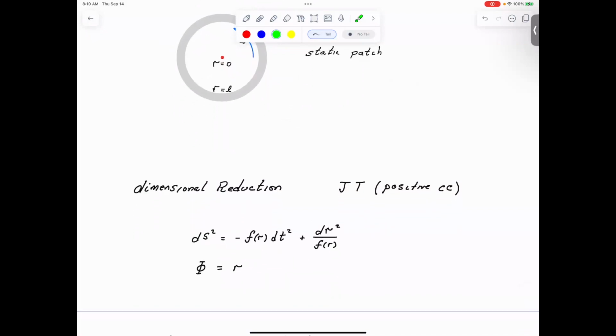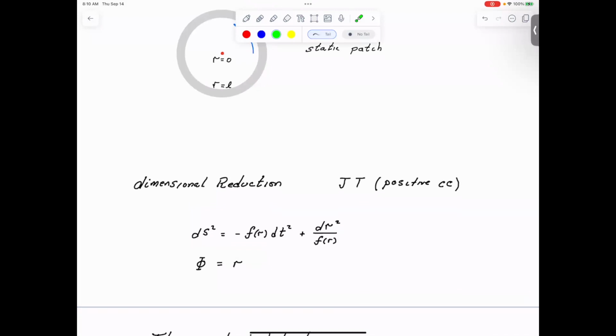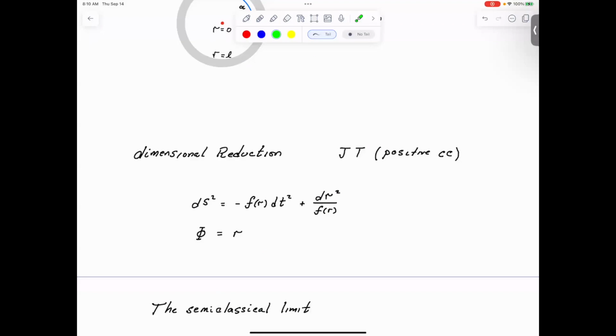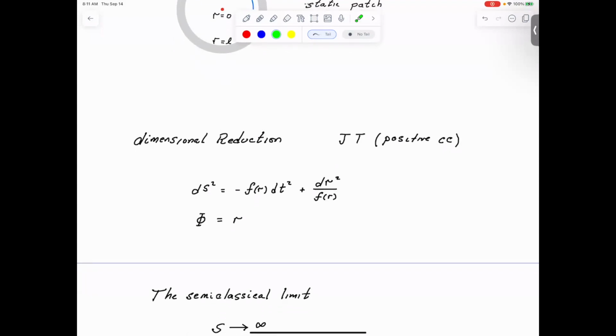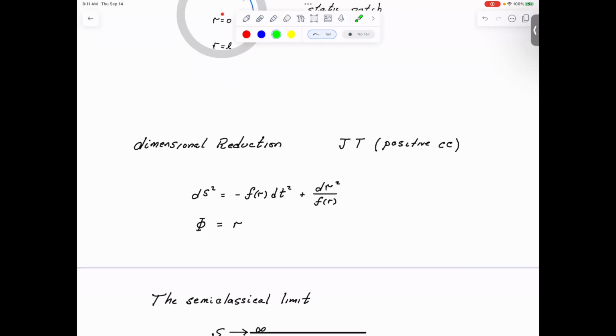After the dimensional reduction, the metric simply is a time radial metric, and the angular direction is replaced by a dilaton field. The dilaton field in this case will be equal to r. Well, that's a solution of the JT equations. Dilaton field equal to the Schwarzschild coordinate r.